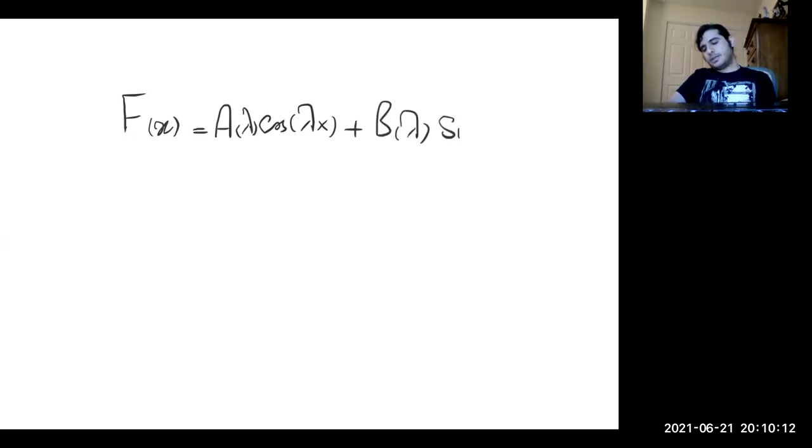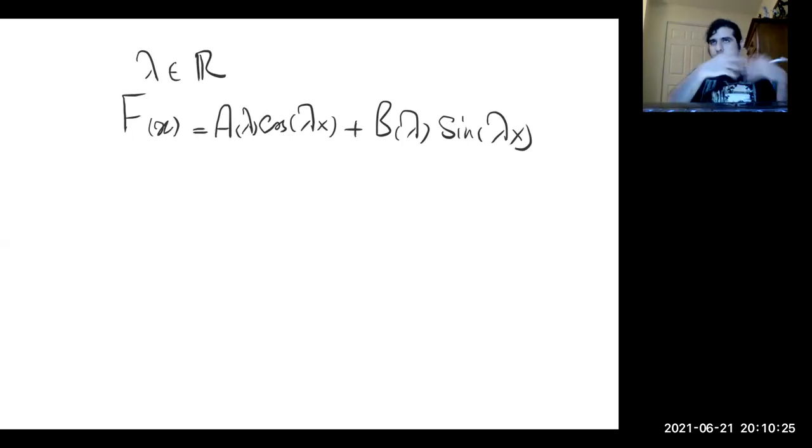Again, any lambda in R is acceptable to us. Negative ones don't give us anything new, because the minus sign either comes out of cosine or comes out of sine, and you can absorb them into a and b. So we can assume lambda is greater than or equal to 0.